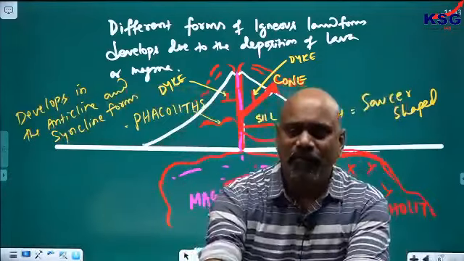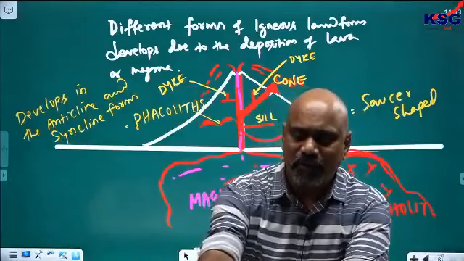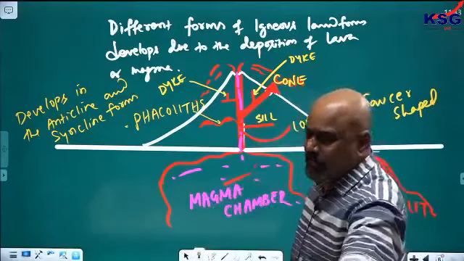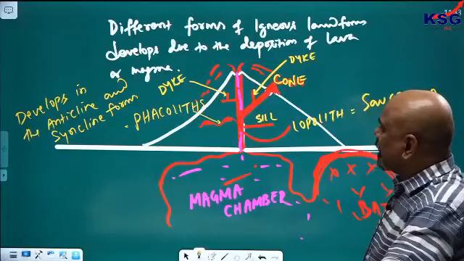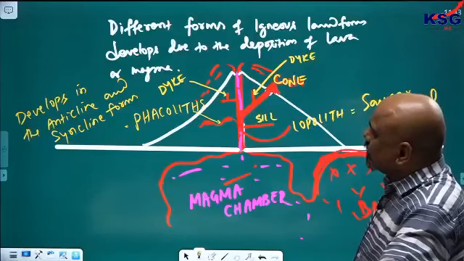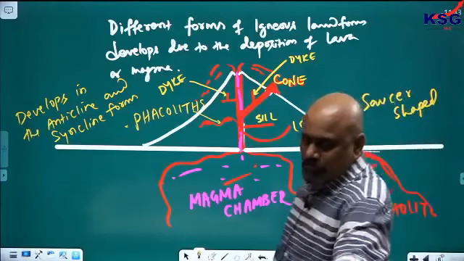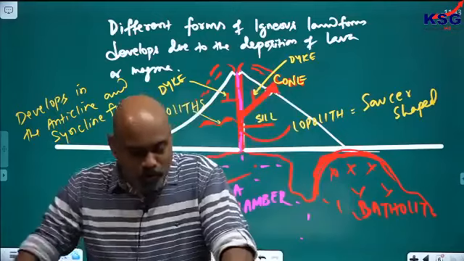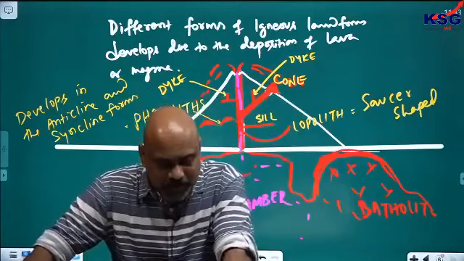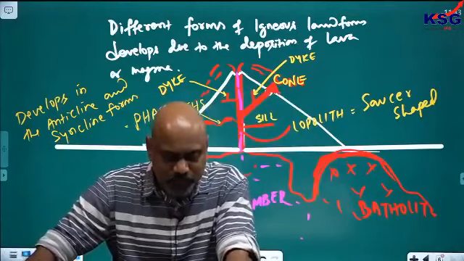Anticline and synclinal form में ये generally develop होते हैं. They are called as what? Phacolith. Phacolith are there in anticline and syncline form. Okay.